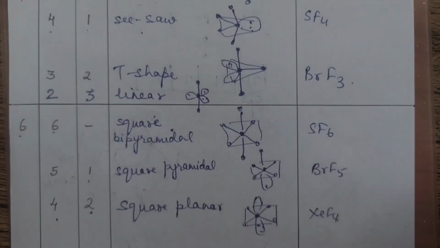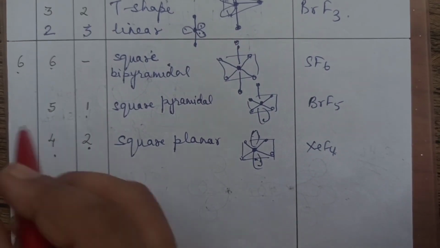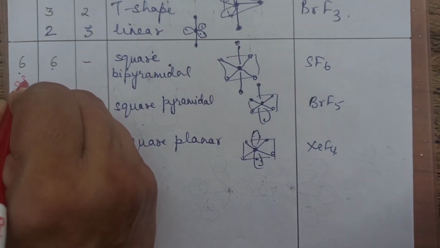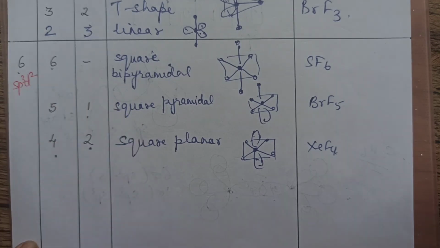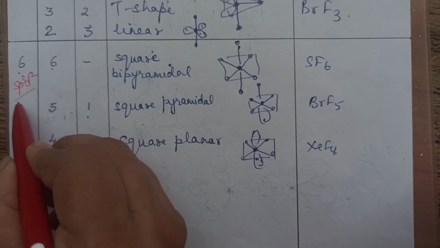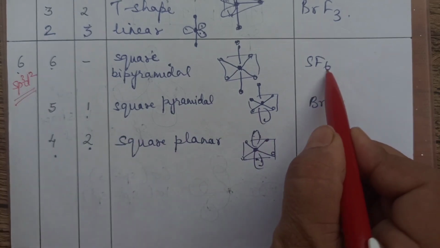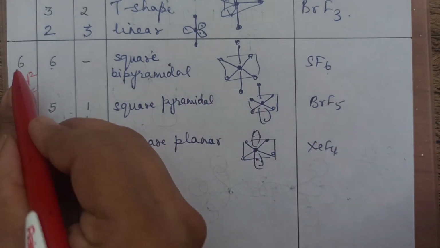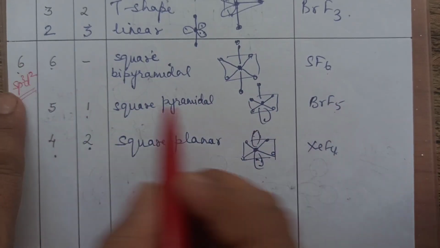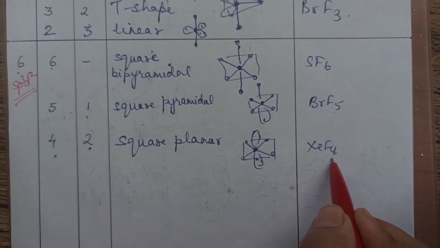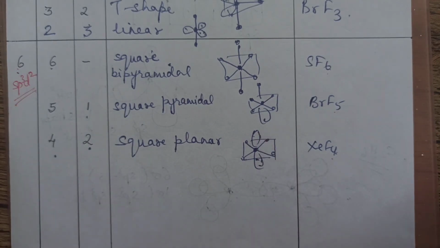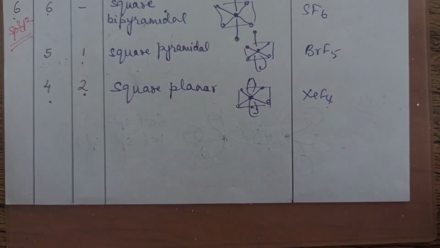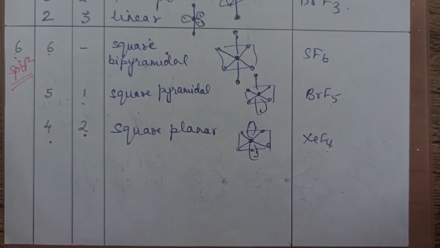Now, if you have 6 electron pairs, the hybridization is sp3d2, based upon the electron pair value and the surrounding elements. If they are same, 6 and 6, no lone pair. 6 and 5, 1 lone pair. 6 and 4, 2 lone pairs. The geometries will be this. Clear?